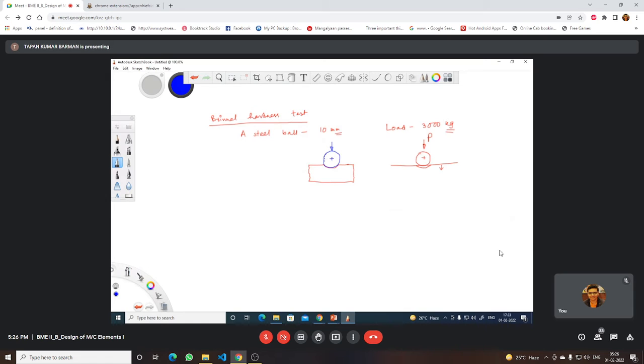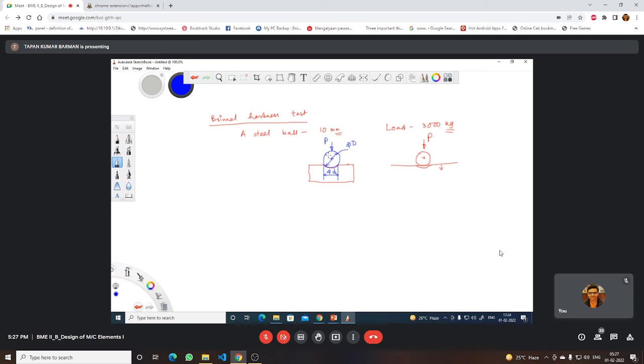Now say this diameter is D, we are applying P amount of load, and due to this impression, this dimension, physically we can measure it, small d. Now from here we'll calculate the Brinell hardness number of the material.